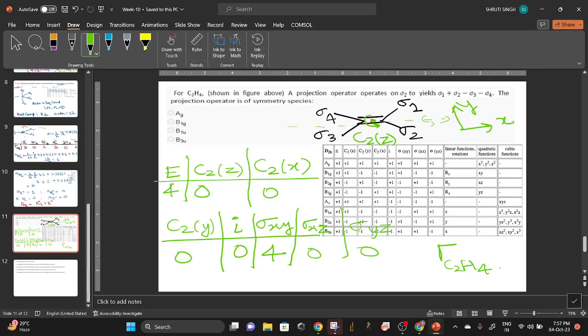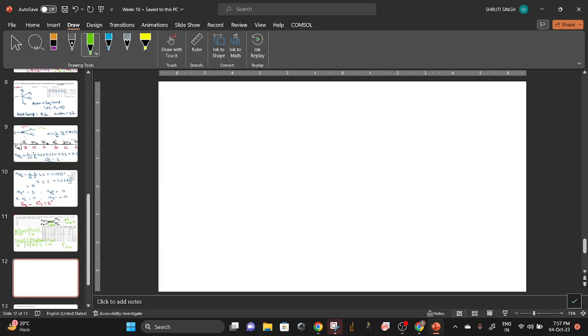Now if this is the reducible representation, again we need to change it to a linear combination of irreducible representations, using the same formula which we did in the previous question.